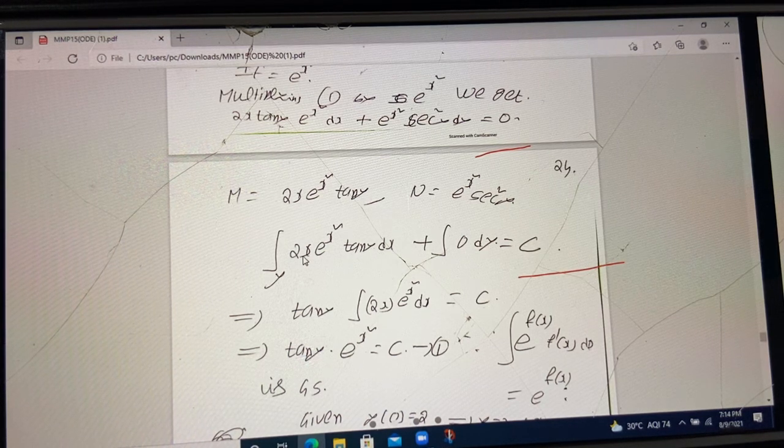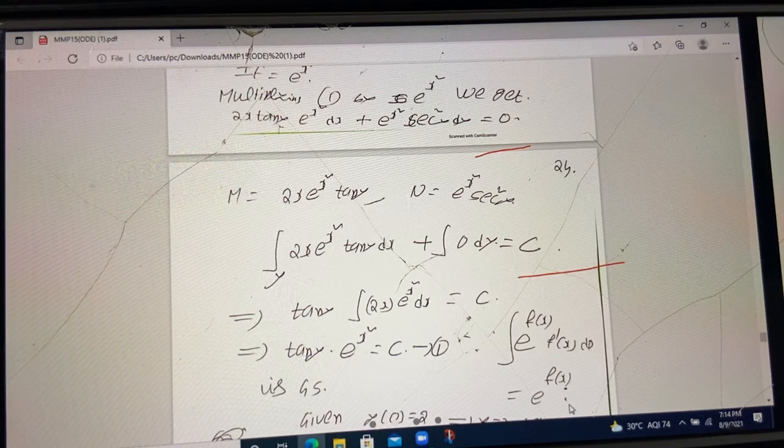Tan y into 2x e^(x²) dx equal to constant. So this is in the form e^(f(x)) f'(x) dx. What is the integral of e^(f(x)) f'(x) dx? It is e^(f(x)). Shortcut formula: if you cannot remember the shortcut, then put x² equal to t, 2x dx is dt, and do it like that. But if you have good memory, you can do it directly.